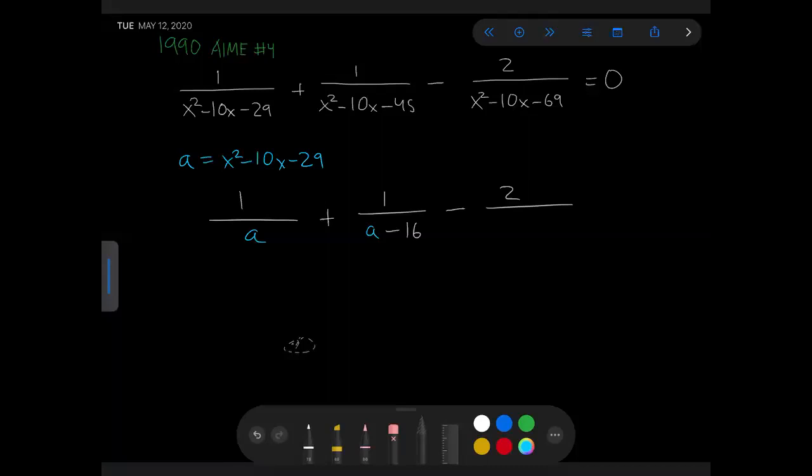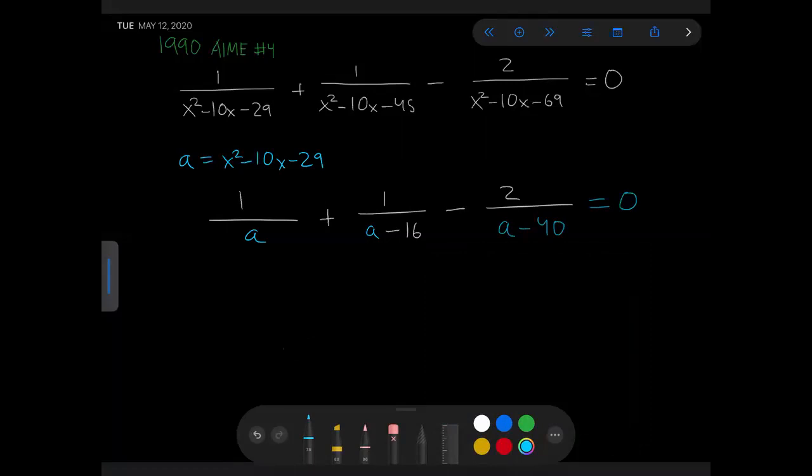So this will be 1 over a minus 40, because 69 minus 29 is equal to 40, and it's going to equal 0. Now, since we have a lot of these fractions, we can multiply everything by a times a minus 16 times a minus 40.